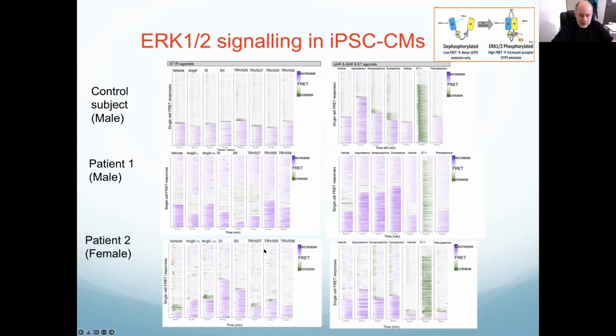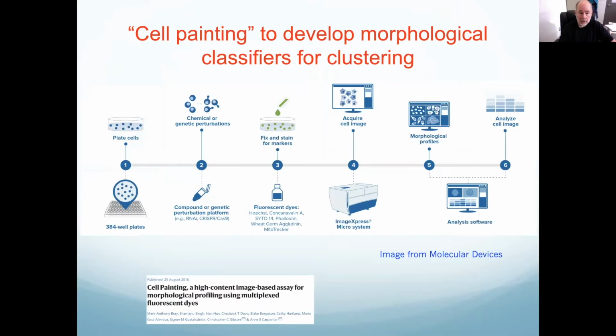All I want you to focus on here is that the profiles you get for one biosensor downstream of several different ligands are different when you compare a male patient and a female patient who suffer nominally from the same disease. So I think this power that the single cell approach gives us is really quite striking.